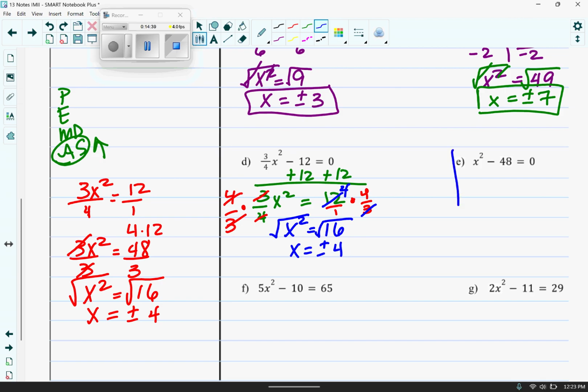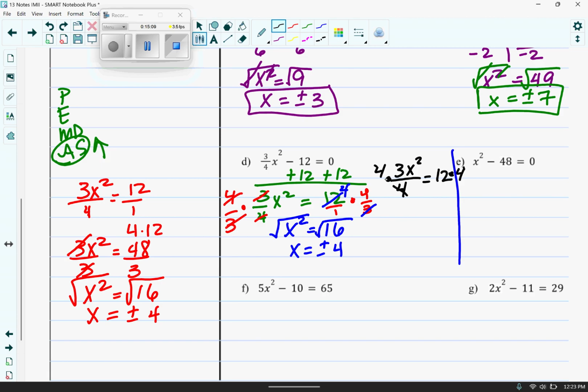And an alternate, other way of doing that would be saying that this is 3x squared over 4 equals 12. Multiply by 4 to begin with, make it into a multi-step equation here.